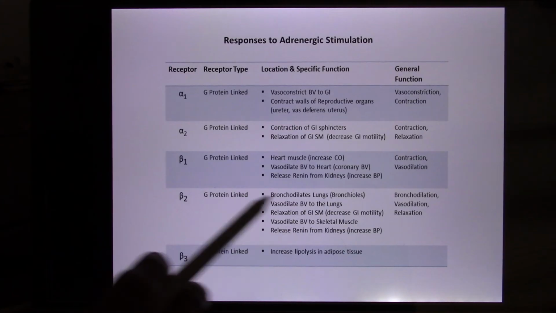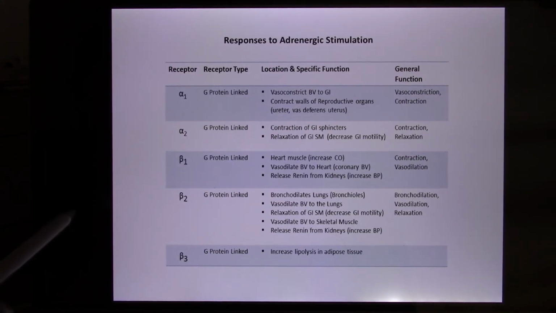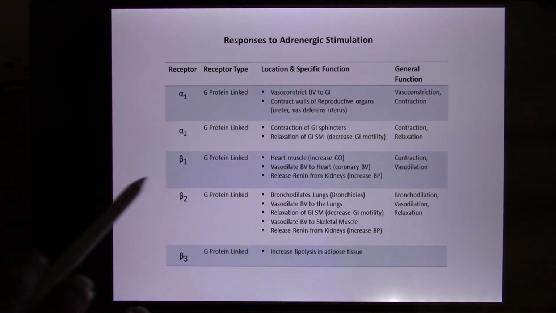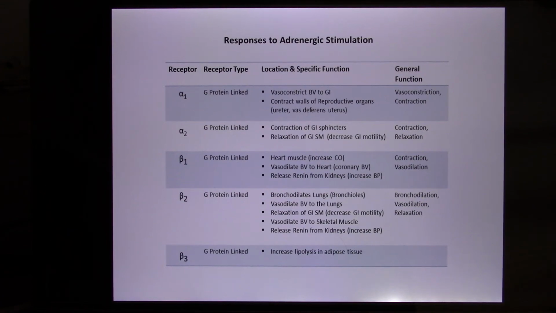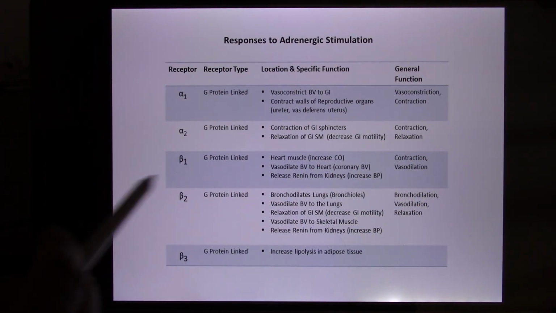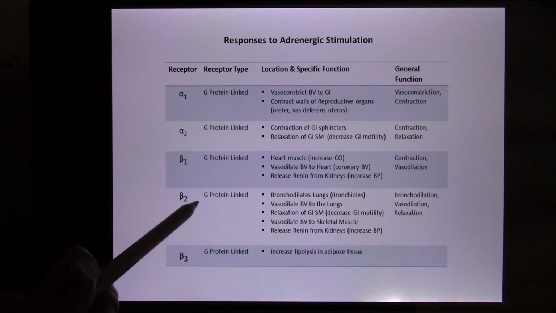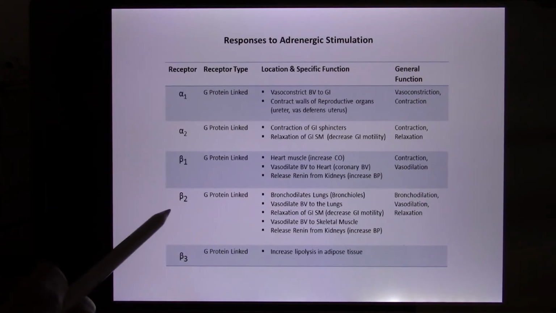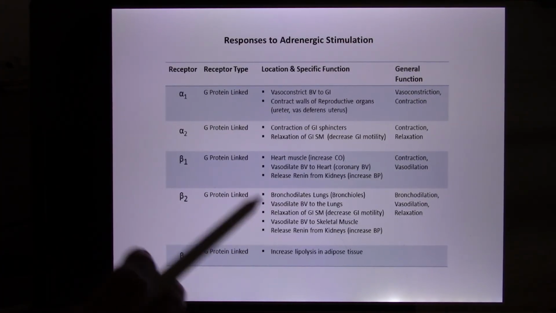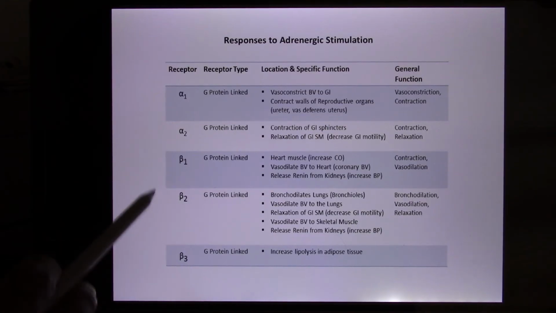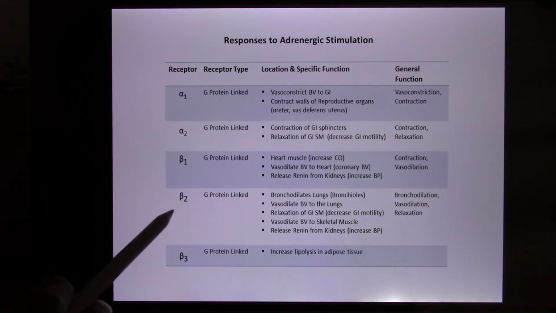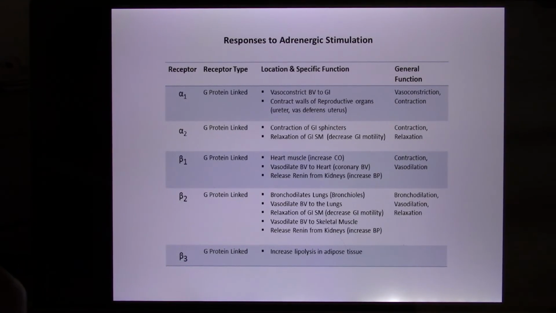Beta-2 is in the bronchial, in the airway, and when you are nervous, you need to dilate the airway, so that goes through beta-2. For an asthma attack, to treat the airway being blocked, the treatment is to mimic the sympathetic function and give them a beta-2 agonist, which is able to dilate the airway.